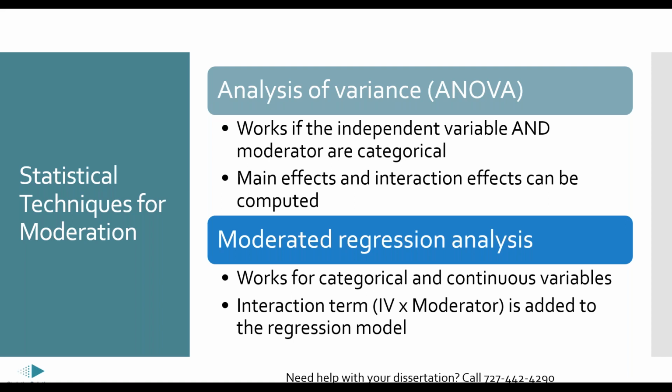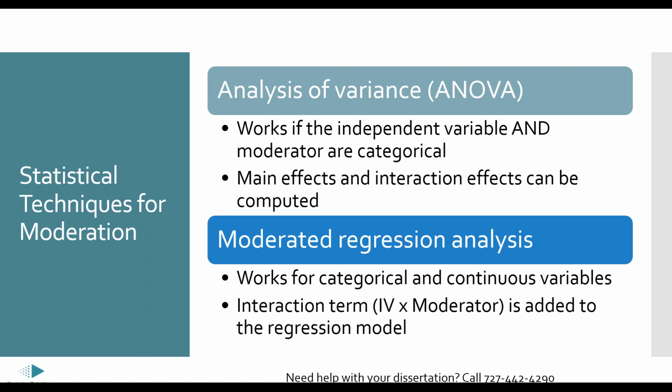And those interaction effects are actually what test moderation in this case. So when you're computing an interaction or looking at an interaction effect between two variables, you're actually seeing if one variable is moderating the other. So one way to analyze moderation is through ANOVA.